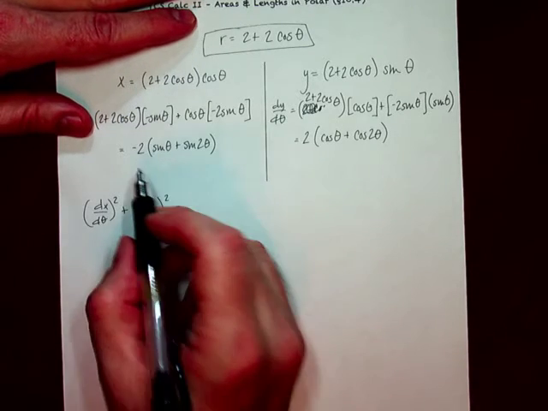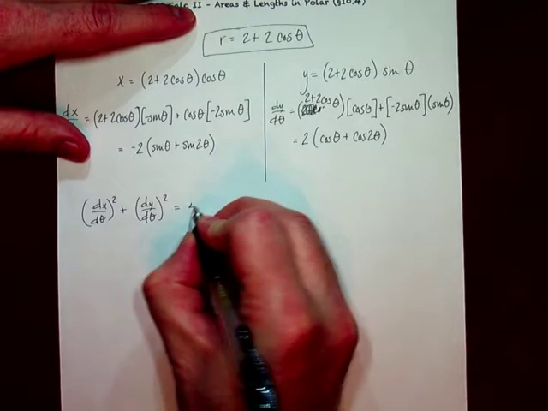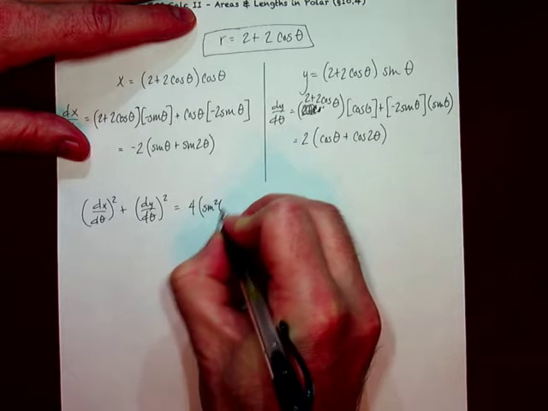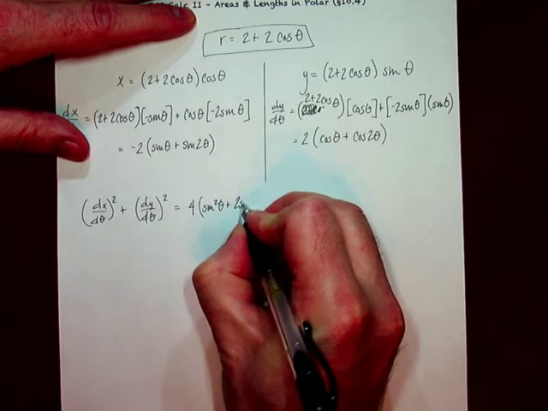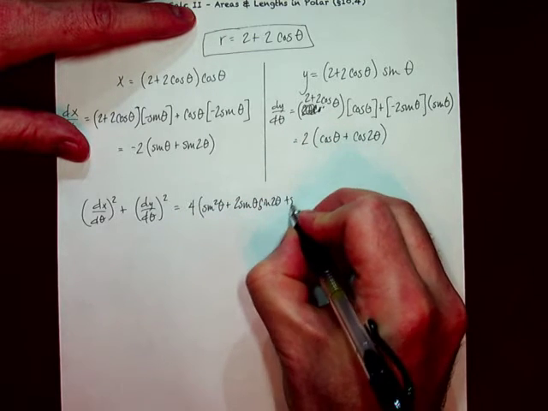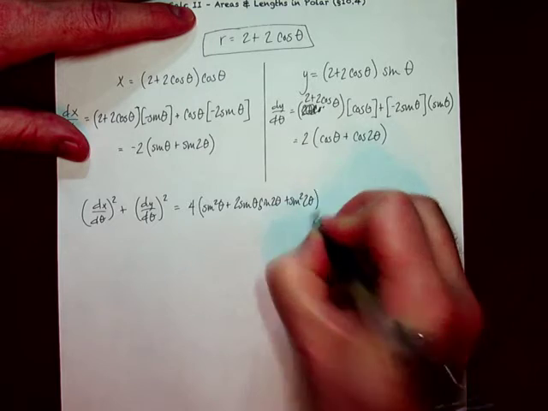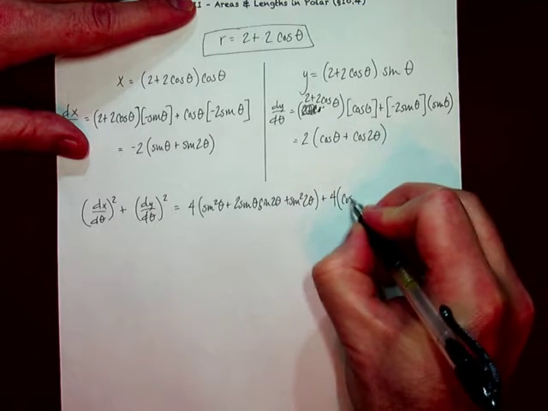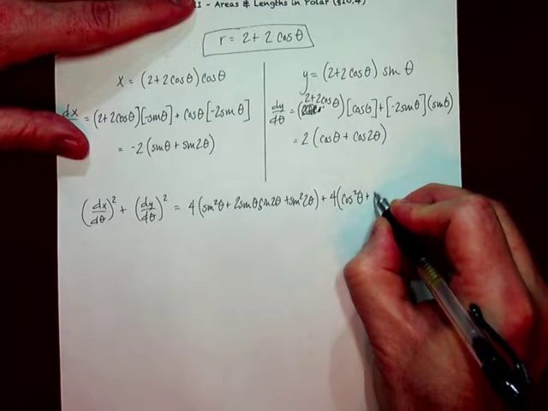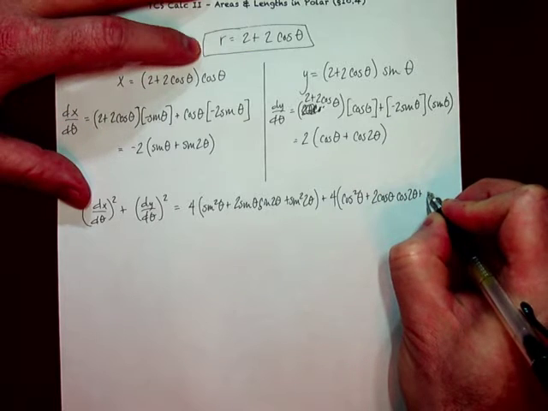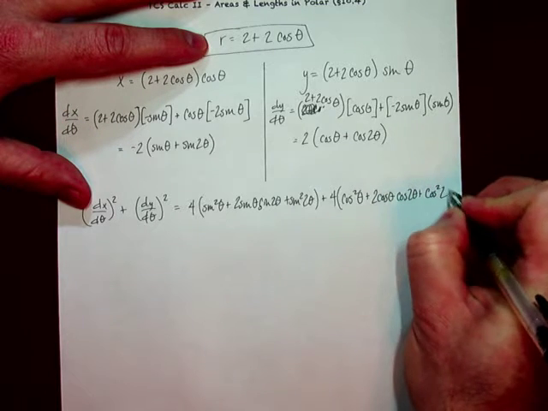Because when I square this, I'm going to get 4 sine squared theta plus 2 sine theta sine 2 theta plus sine squared 2 theta. And then when I square this one, I'm going to get cosine squared theta plus 2 cosine theta cosine 2 theta plus cosine squared 2 theta.